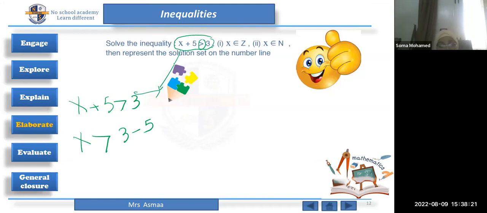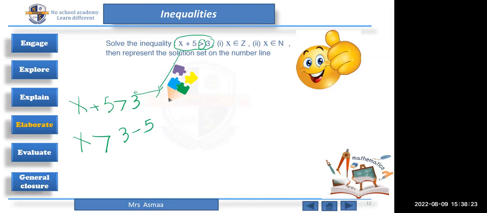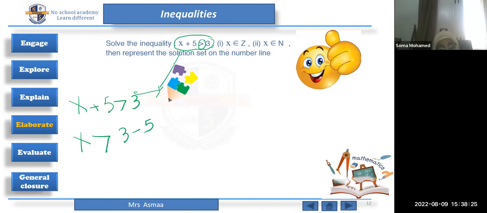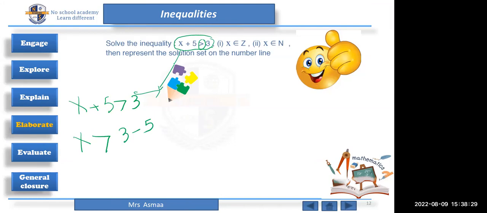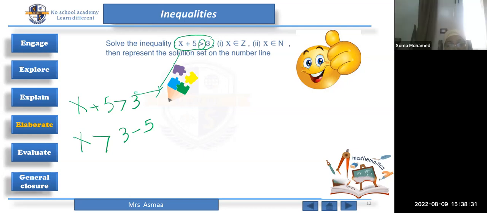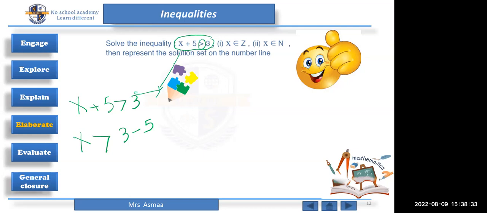Or complete, Sajid. Yes. Complete. Wait, I want to ask a question. What's your question? It says that x belongs to natural numbers, but if we do 3 minus 5, it will turn out negative. So how will it be natural?